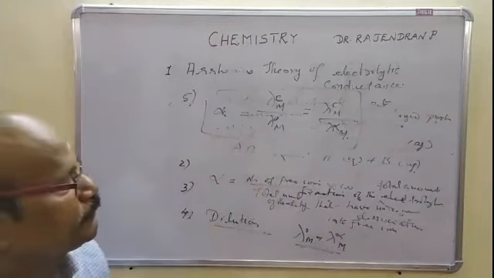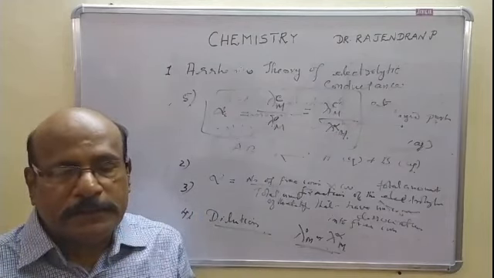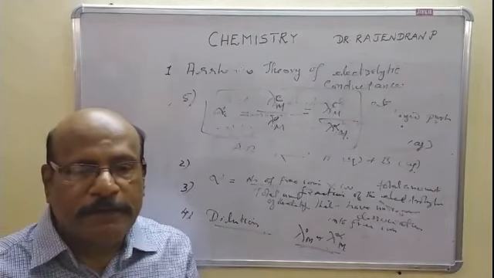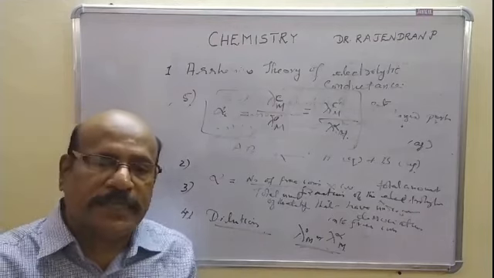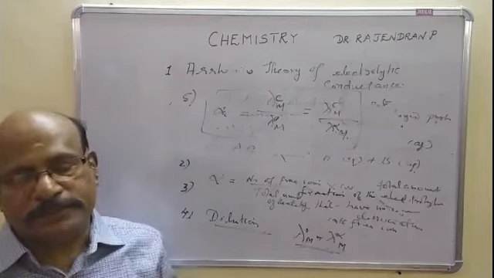Anyway, you study that. That is, the conducting power of an electrolyte depends on the number of free ions and hence the degree of dissociation at any concentration of the electrolyte.